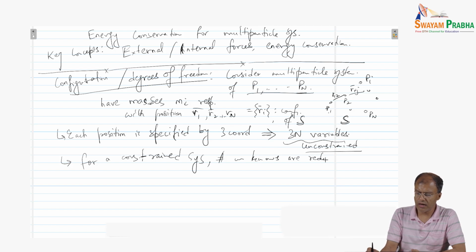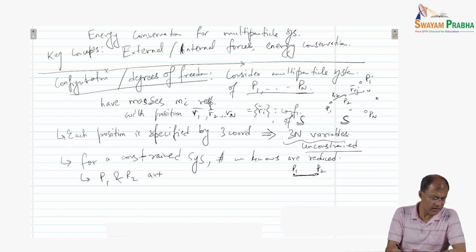For example, suppose we have a 2 particle system, P1 and P2, and let's say P1 and P2 are connected by a rigid rod of length A, right?